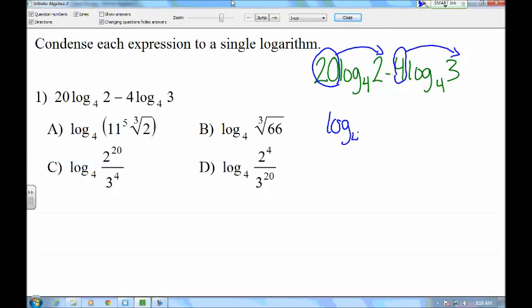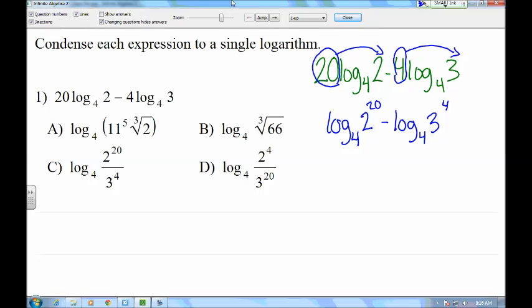Log base 4 of 2 raised to what exponent? 20. Minus log base 4 of 3 raised to what exponent? 4. So you have 3 numbers on different levels. Make sure you're very distinct about what's the base, what's the part, and what's the exponent.